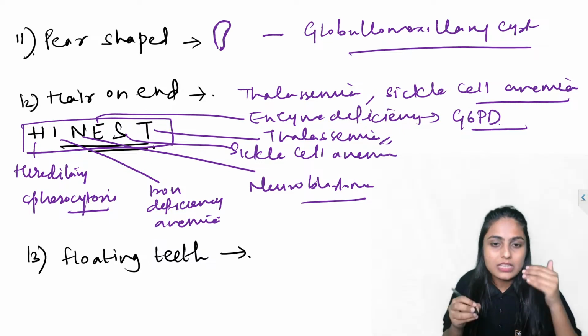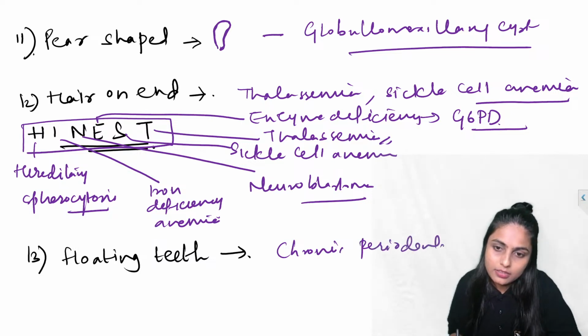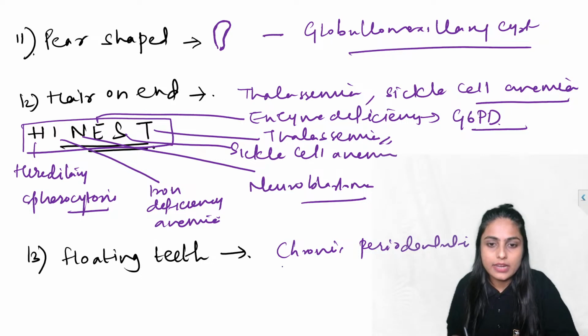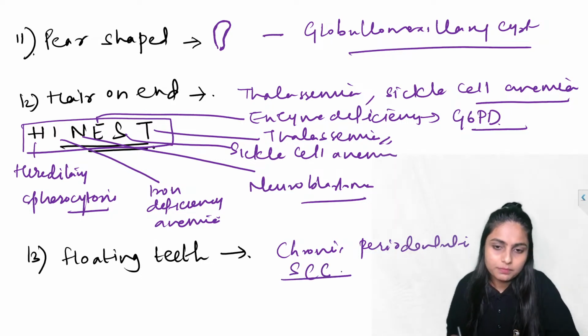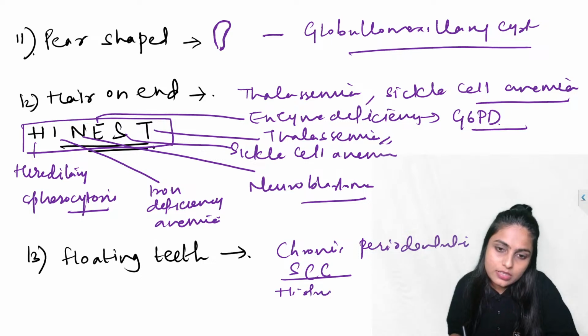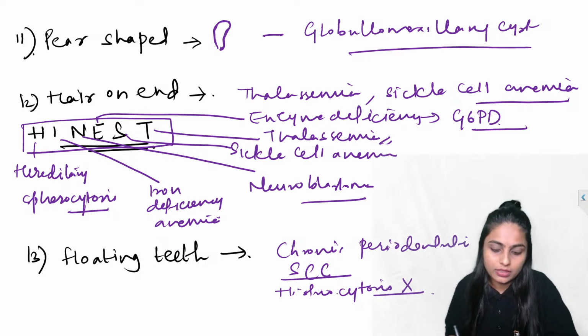Floating teeth appearance is seen first in chronic periodontitis. Second, in malignancy, squamous cell carcinoma, floating teeth appearance is seen. Histiocytosis X, maybe you can see floating teeth appearance.